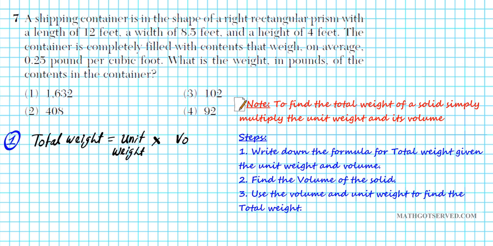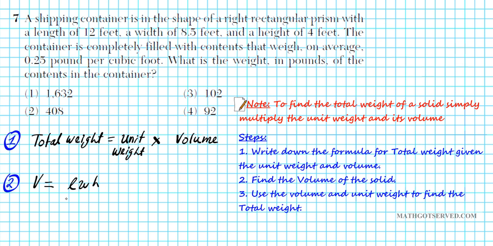The volume. Okay? All right, so step 2, we want to find the volume of our solid. What is our solid? It's a right rectangular prism. Okay, so what is the volume of a right rectangular prism? The volume of a right rectangular prism is length times width times the perpendicular height.